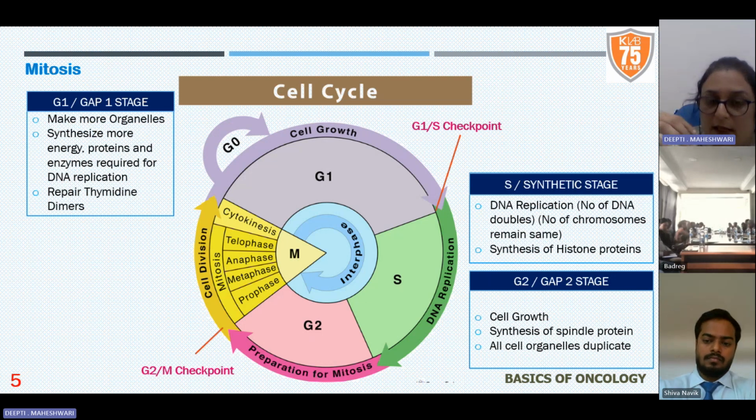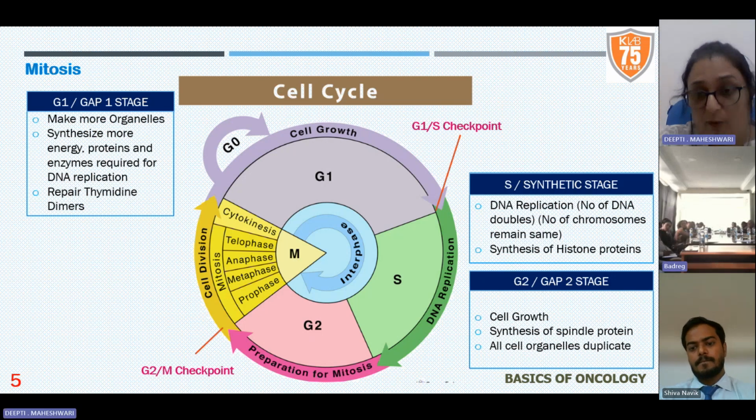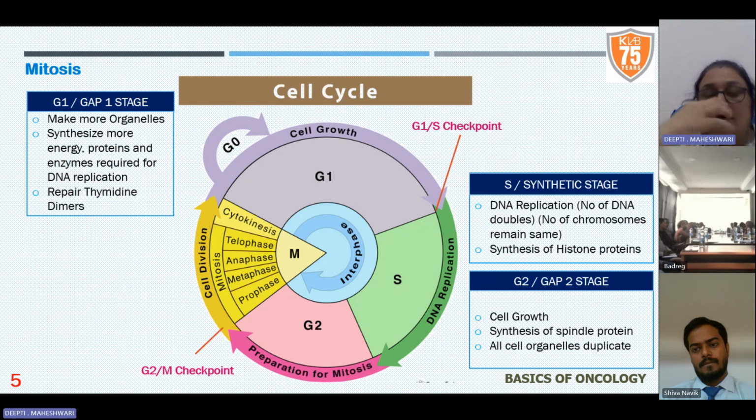So how is that done? That is done with the help of the spindle formation. The mitotic spindles get formed. Now these mitotic spindles are thread-like structures which polymerize and form long strands. With the help of the spindles, the DNA which had duplicated gets attached, and one set moves to one side and the other set moves to the other side.